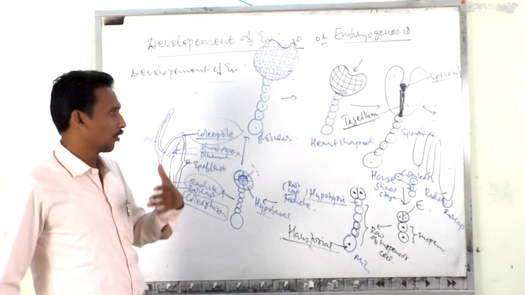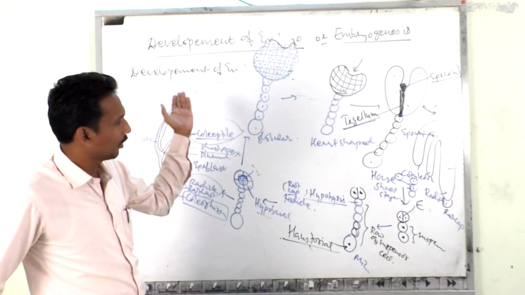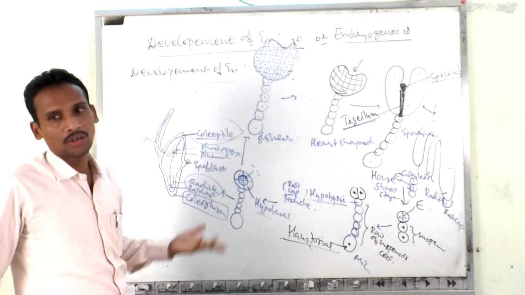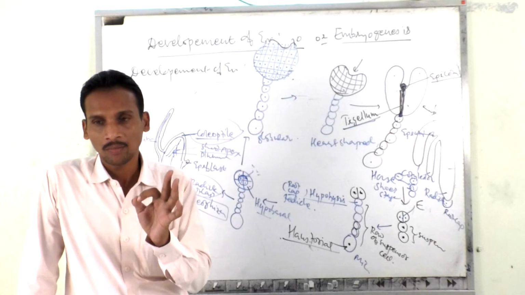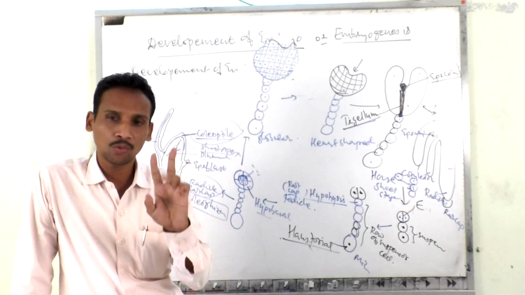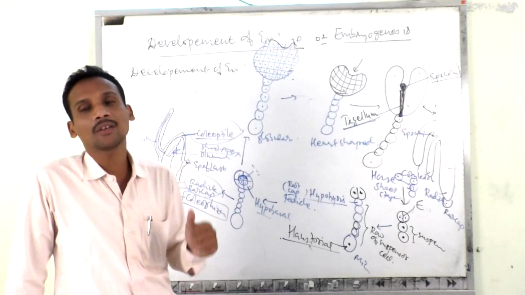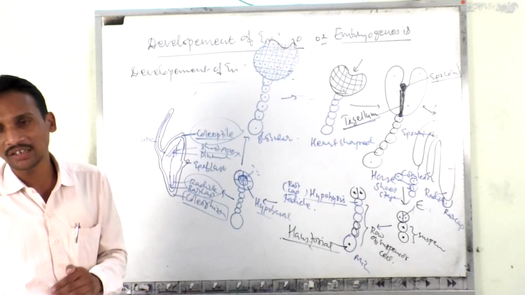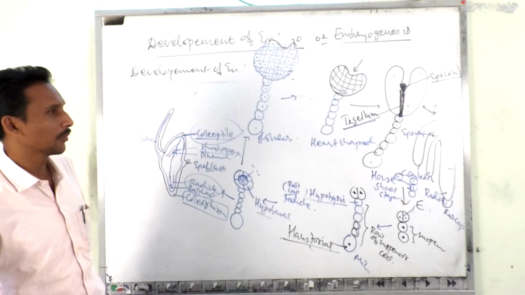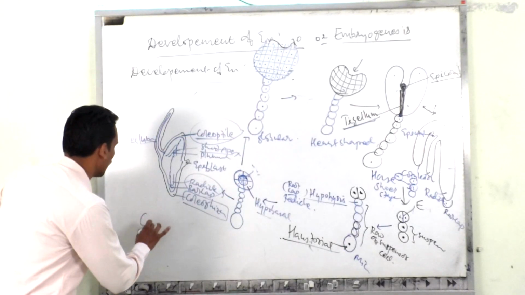All other things in the developmental process of the dicot embryo and the monocot embryo are similar. The only difference is in the formation of the cotyledon. In dicots two cotyledons, and in monocots only a single cotyledon is produced. The best suited example studied in dicot plants is Capsella bursa-pastoris.